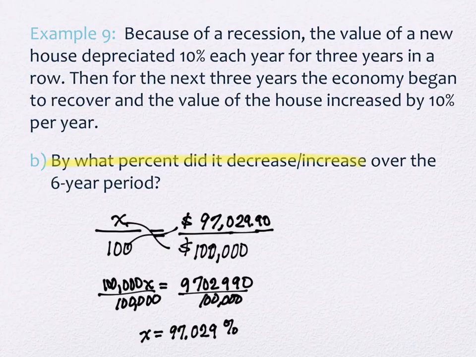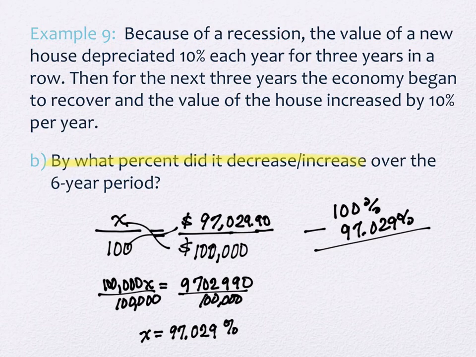So if we took our 100,000 or 100% and we subtract this 97.029%, that will be the amount that it has decreased over that 6-year period. And this should be about 3%. Okay, so it decreased approximately 3% in value over that 6-year time frame.